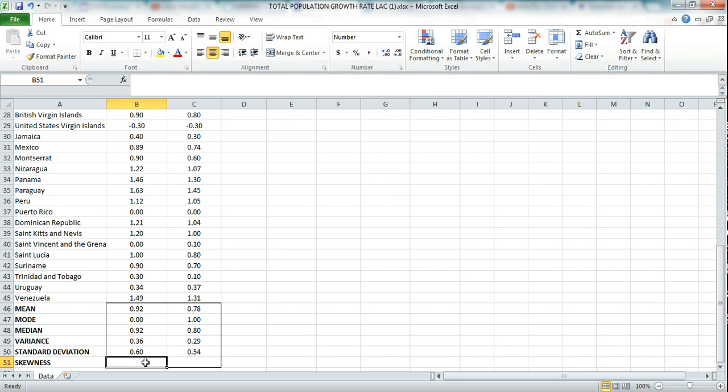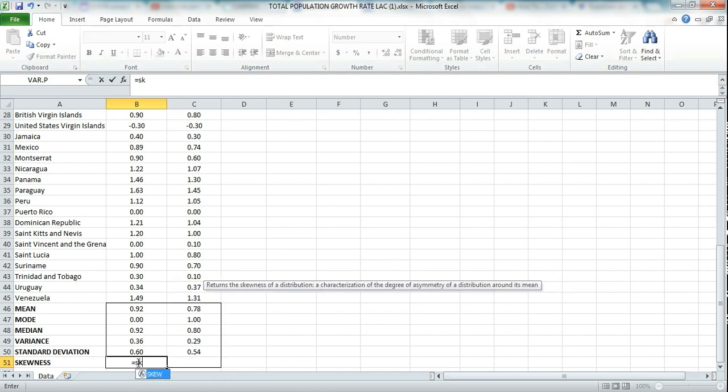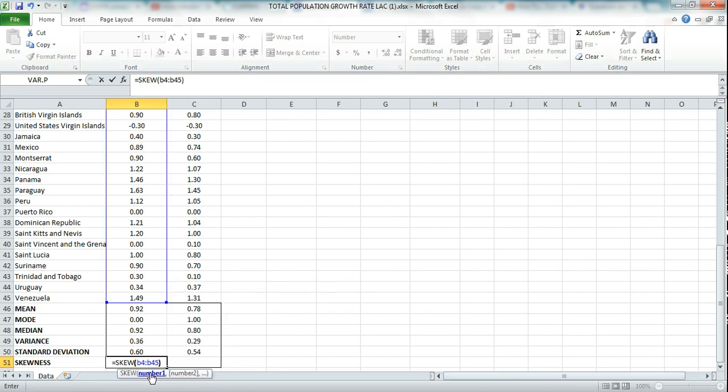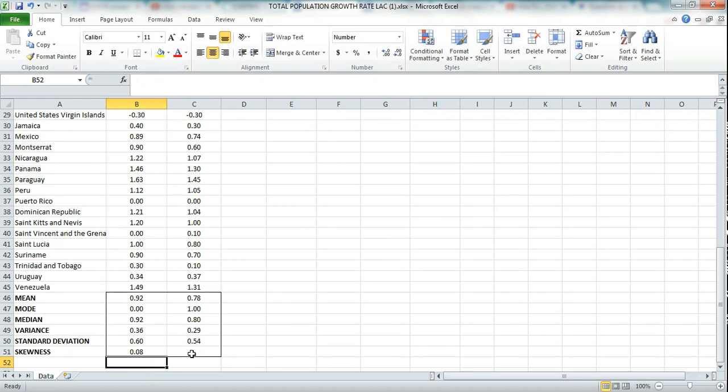Now, skewness is an interesting statistic, because skewness actually looks at the distribution of the values as it relates to a normal curve. And I'm gonna work out my skewness values here. You've already learned about skewness, but I'm gonna show you how to interpret the skewness values. Now, to work out skewness, you type skew, and then you'd simply double click, and then of course it would be the same thing, B4 to B45, and then I would click enter, and that's my skewness value of 0.08.